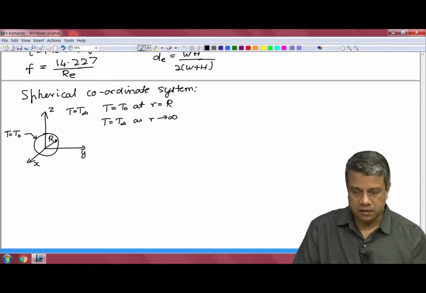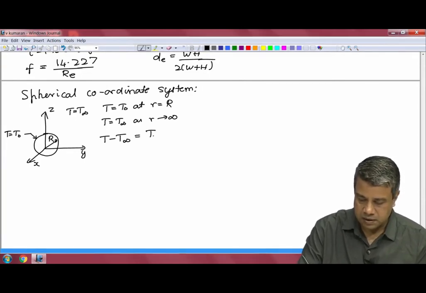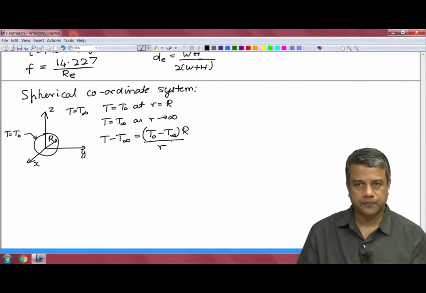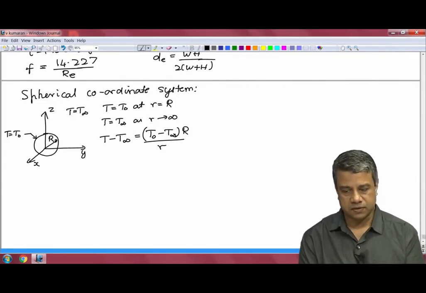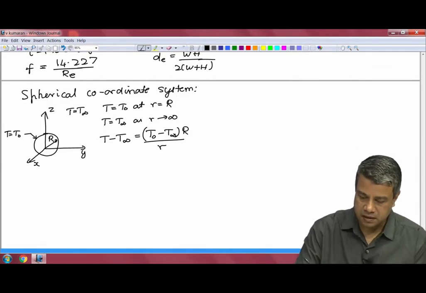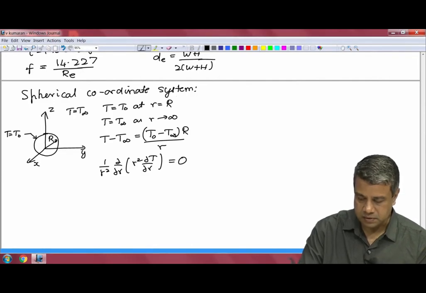And if you recall, the temperature field turned out to be T minus T infinity equal to T0 minus T infinity times R by r. That was the solution for the temperature field, and recall that the equation for the temperature was 1 by r squared d by dr of r squared partial T by partial r equal to 0.